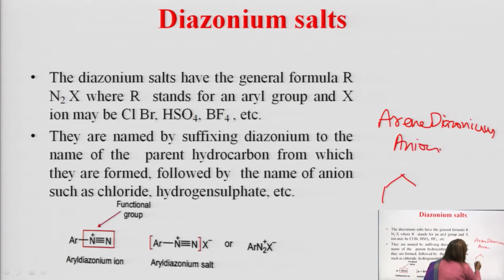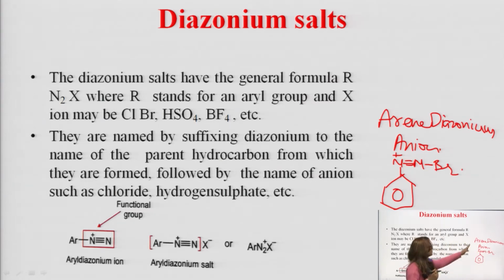And if the formula is like this, N plus N, suppose it is bromide, then the name becomes benzene diazonium bromide. So now see, they are named by suffixing diazonium.